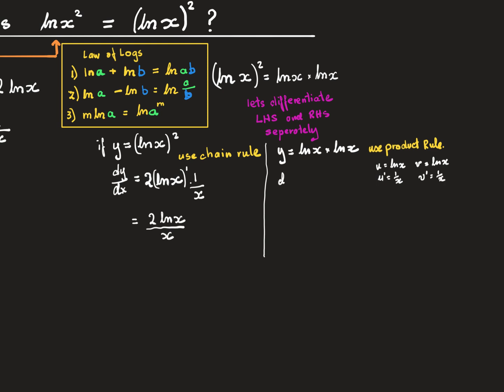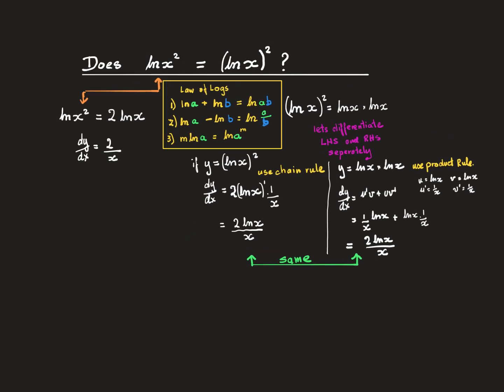So our dy/dx can now be written as u dash v plus u v dash, which is going to be 1 over x times ln x plus ln x times 1 over x. And this becomes 2 ln x over x, the same as on the left-hand side.